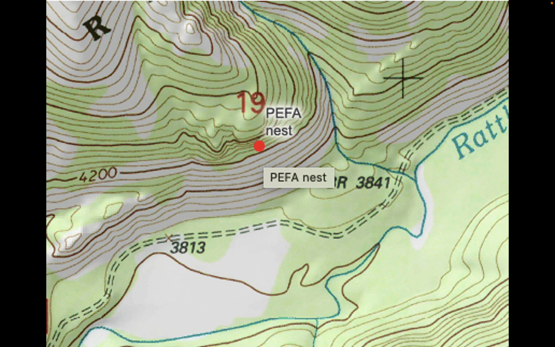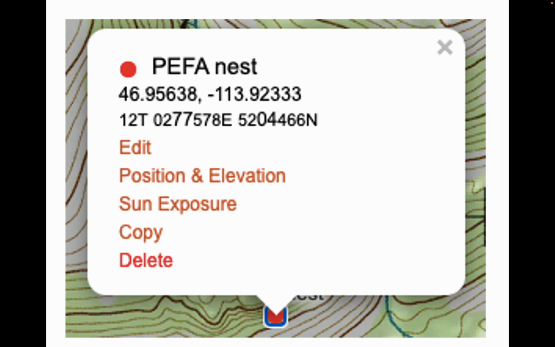So if I click on that red marker in CalTopo, I'm going to get this screen. And one thing you'll notice right up at the top is that it gives a whole bunch of numbers. The top set of numbers is obviously latitude and longitude. The format that the latitude and longitude numbers are in is called decimal degrees.